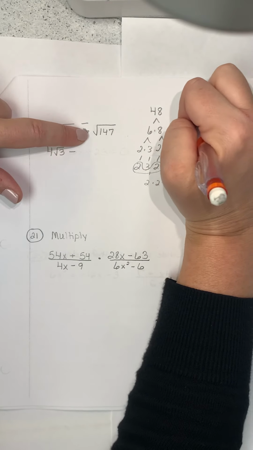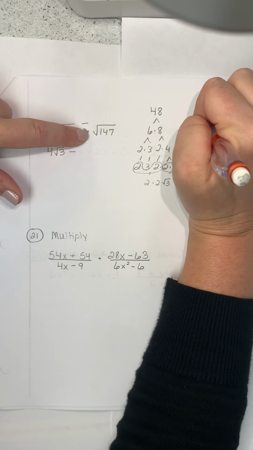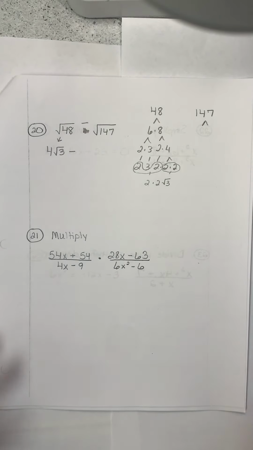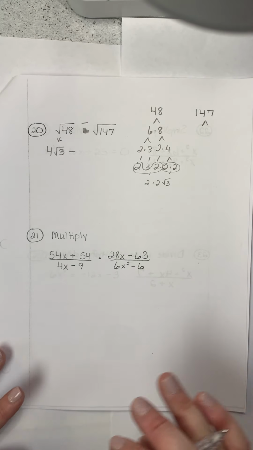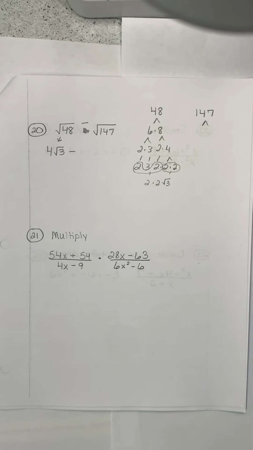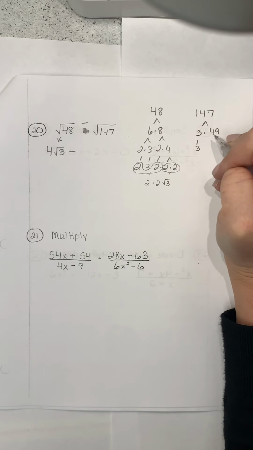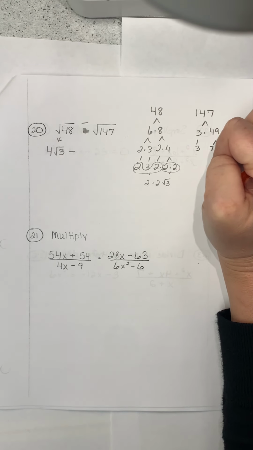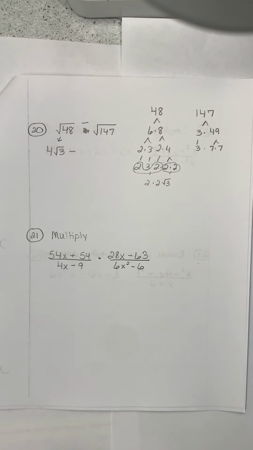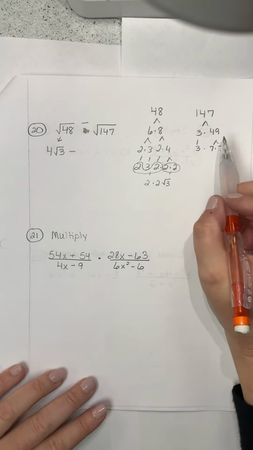All right, let's try 147 now. 147 is strange. It's not anything that I'm familiar with. So I put 147 in my calculator. I divided it by 2. I got a decimal, so that didn't work. Then I divided it by 3, and I got 49. So that worked out really nicely because I also know that 7 times 7 is 49.